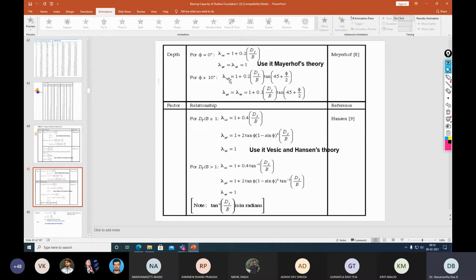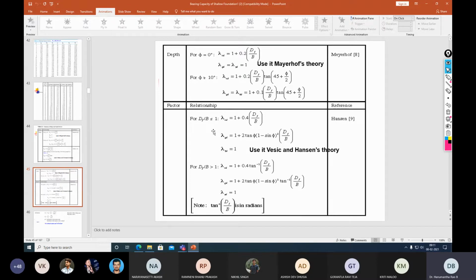While Vesic and Hansen proposed the depth factor as a function of Df by B, which is a critical parameter to decide whether the given foundation is a shallow foundation or a deep foundation. This is also one of the core assumptions in Terzaghi's theory.